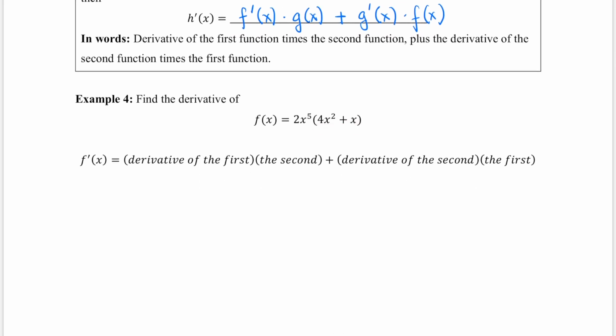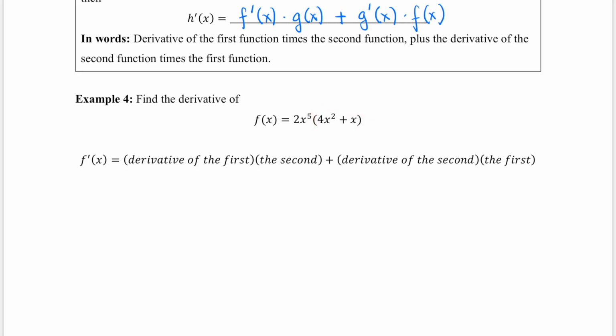Now, let's apply the product rule to an example. We want to find the derivative of the function f of x equals 2x to the fifth times 4x squared plus x. Notice that this function is the product of two expressions. The first function is 2x to the fifth, and the second function is 4x squared plus x.